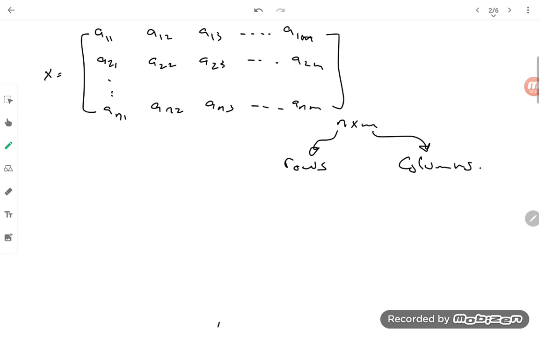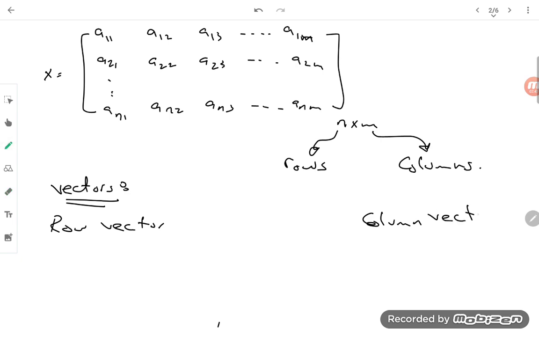What are the different forms of matrix? There are vectors, which is a special case of matrix. There are row vector and the column vector. With respect to row vector, it consists of only one row.